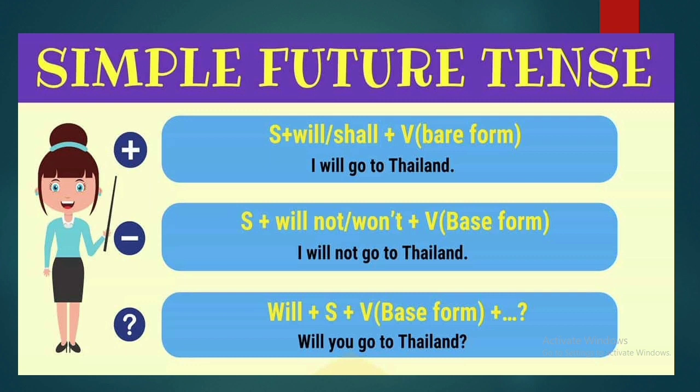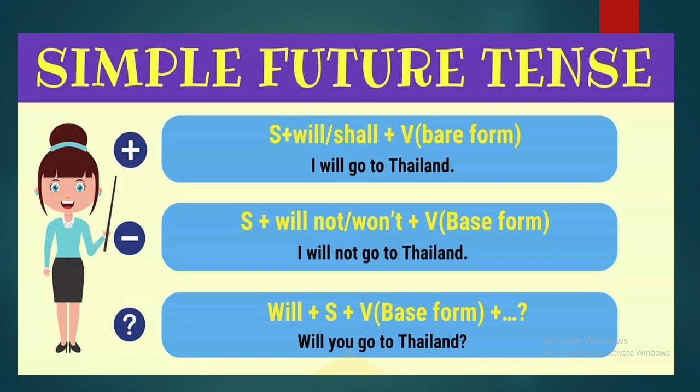Number 1, so prediction. We use it to make offers, requests, promises, threats, and of course we use it with future facts. Future facts, like when I say, Omar is 10 years old.